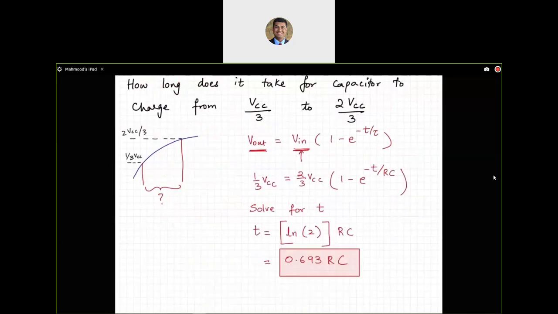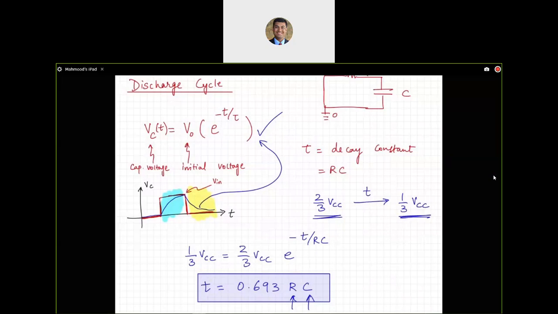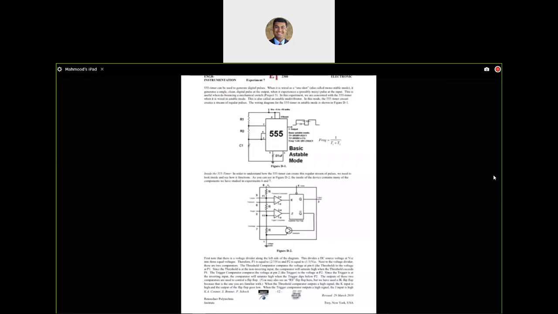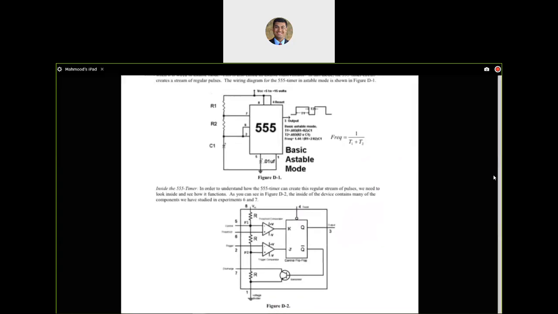Having talked about that, next, let us talk about the internal circuitry of the 555. For that, I'm going to look at page number 12 of the experiment 7 write-up. There are essentially two figures on this sheet.